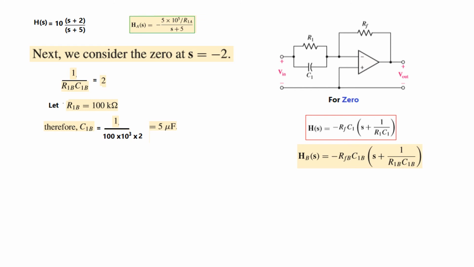So we have found the two values. Now we'll plug in the values in this case. CB is 5 microfarad actually. Then we write RBF, and this term is s plus 2 from here.